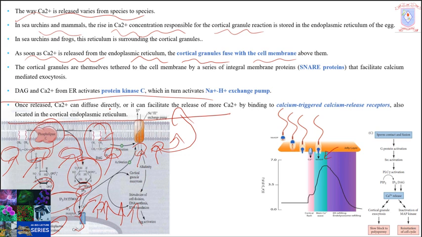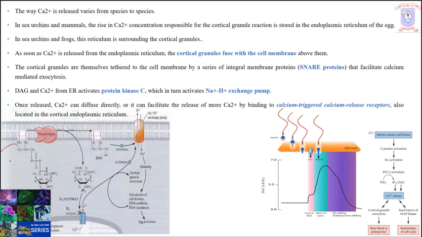Okay. So the cortical granules are themselves tethered to the cell membrane by a series of integral membrane proteins, that is SNARE proteins. I mentioned that there will be a lot of cortical granules, and they are already attached to SNARE proteins that facilitate calcium-mediated exocytosis.